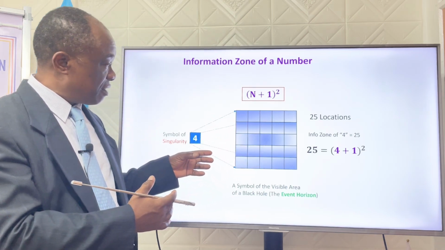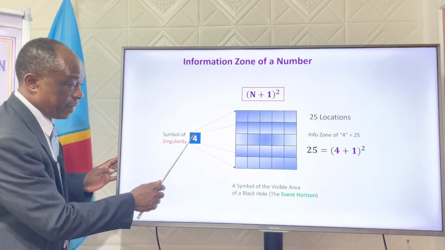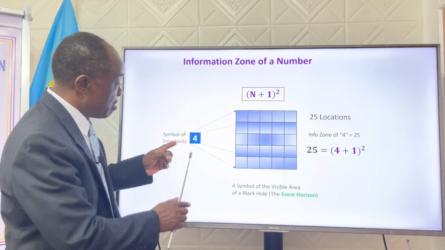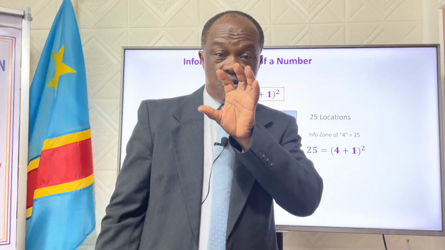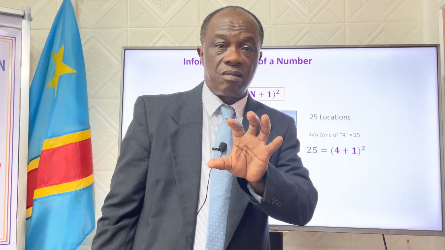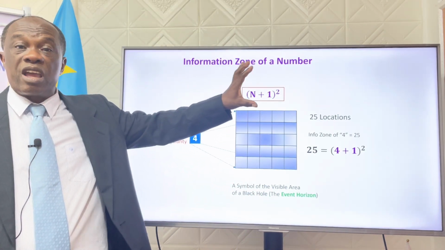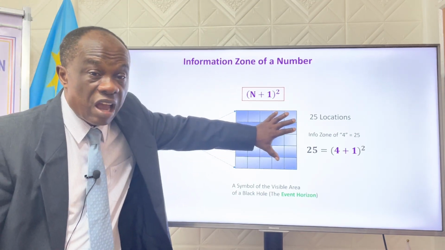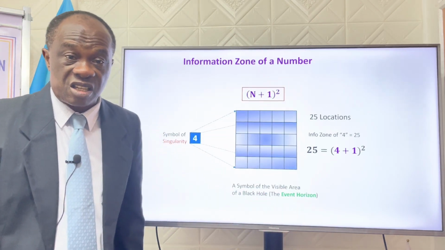And it says there that now you can see very far. You see that you have only 1 here, then already there you have 25. It means these 25 locations become your vision capacity. So you can see now with 25. Number 4 can use these 25 locations in order to fulfill a task.